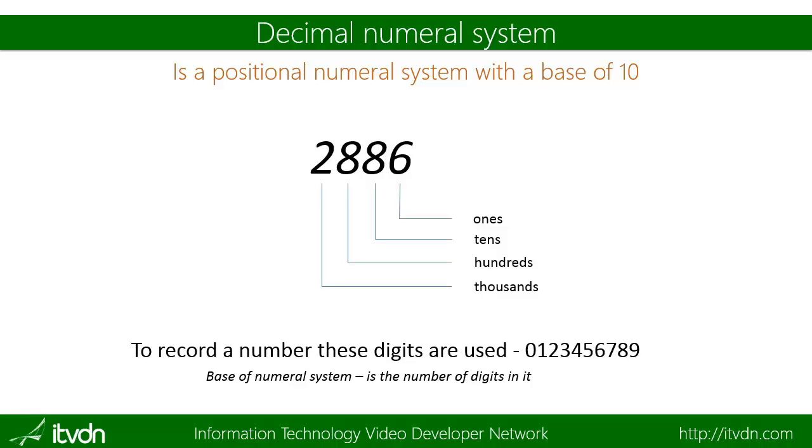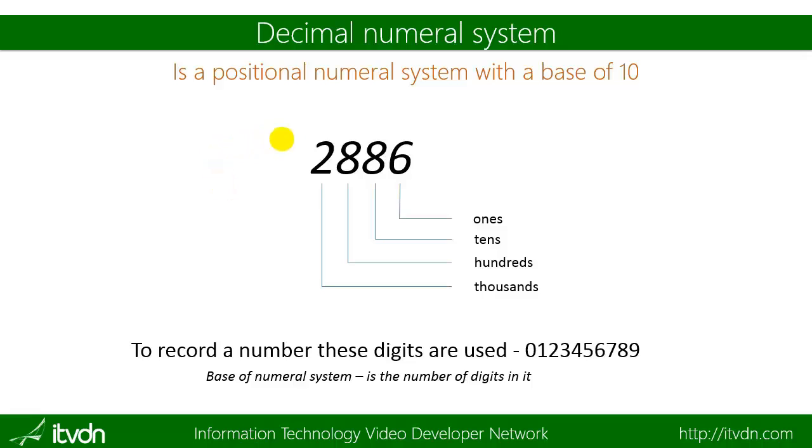Let's take a look at how the position of each of these numbers determines its value. Counting from right to left, we have ones, tens, hundreds, and thousands. If we multiply 6 by 1, we'll get 6. So let's just write a virtual 6 here. 8 times 10, 80. 8 times 100, 800. 2 times 1,000, 2,000.